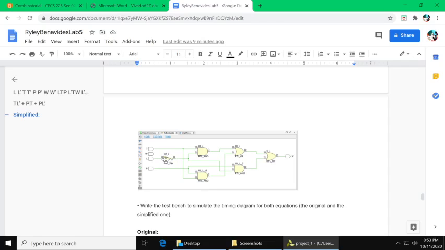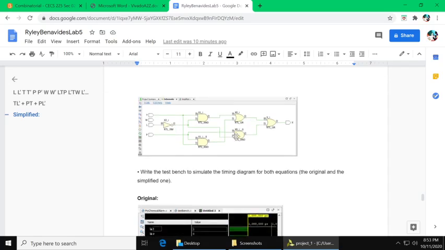This being the not L, the AND between the T and L, the AND between the P and T, the AND between the P and L, and then the OR gates between those.